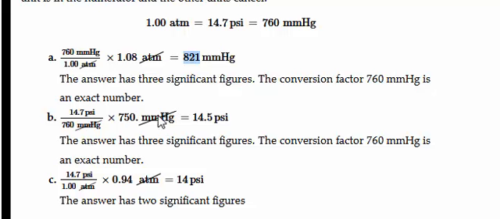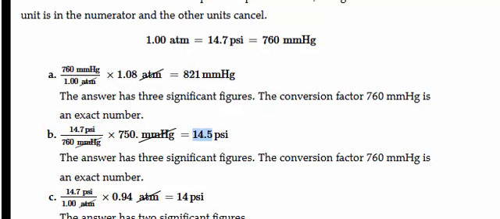So millimeters of mercury divided by millimeters of mercury cancels out. I take 750 and multiply it by the conversion factor, 14.7 over 760. To do that, I multiply 14.7 by 750 and then divide by 760. Since my original value had 3 sig figs, my final answer will have 3 sig figs.